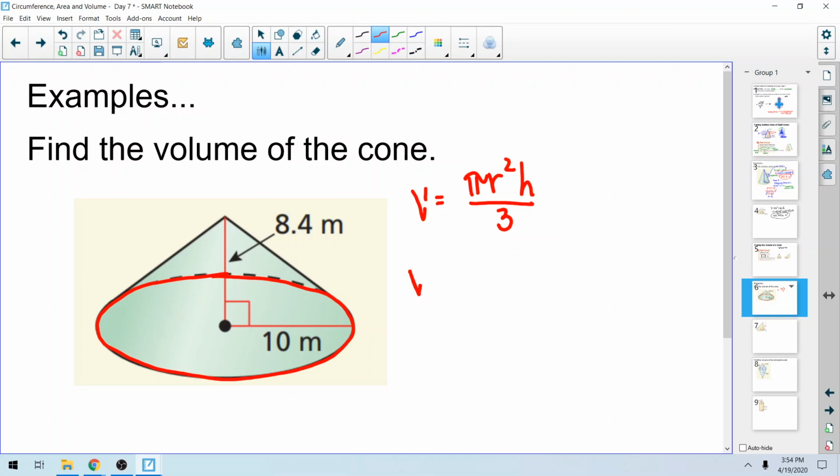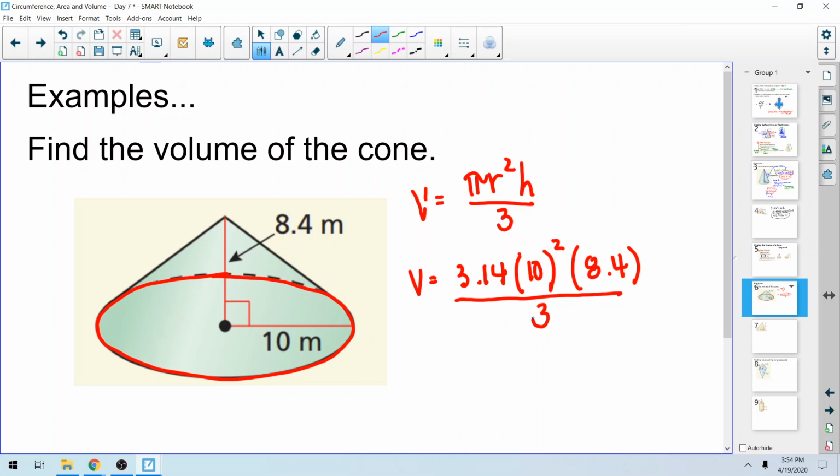So volume equals pi, 3.14, times the radius squared times the height. Well, we're given 8.4 and we want the actual height, not the slant height, which is what they gave us. So we're good to go. And then when we're done with that, we're going to divide it by 3 because it's a pyramid. So I'm going to grab my calculator.